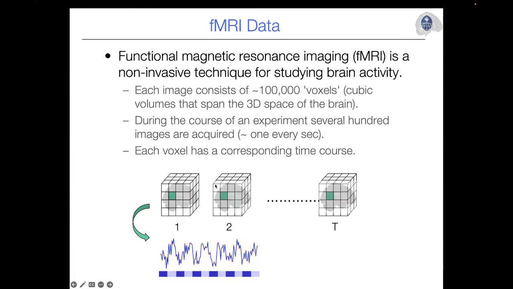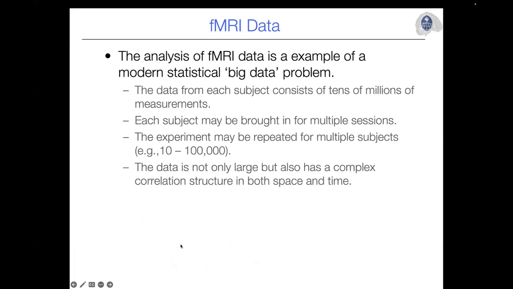And there's going to be a complicated correlation structure in time, but also in space. Adjacent voxels will probably have spatially correlated noise and spatially correlated signal, which one has to take into consideration. So the analysis of fMRI data is a modern statistical big data problem, like omics and other similar data structures.